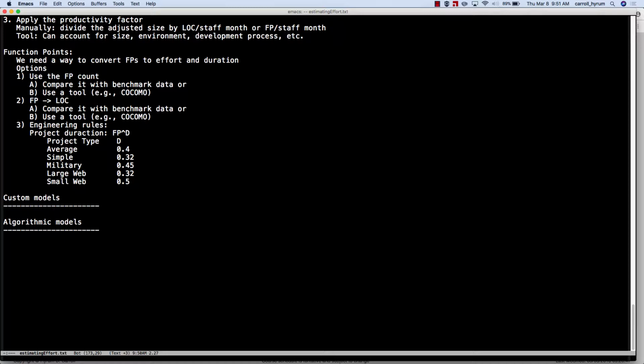Why would large web projects have a smaller exponent than the small web projects? Something to keep in mind here is that for a large web project, this value is going to be higher.